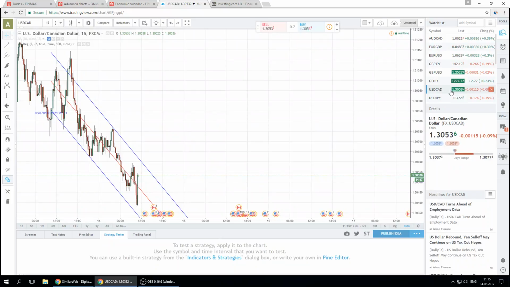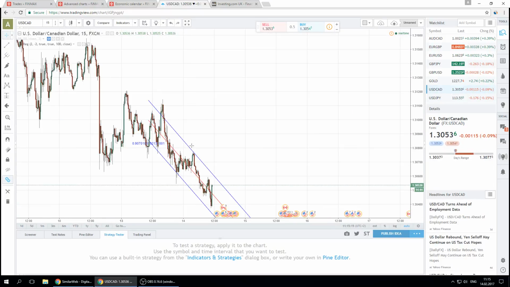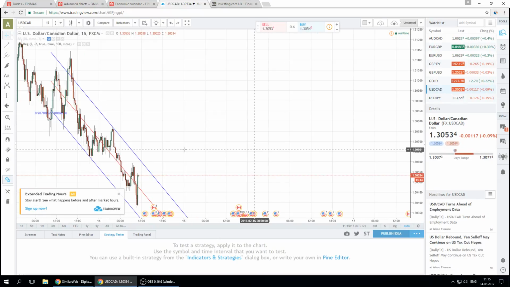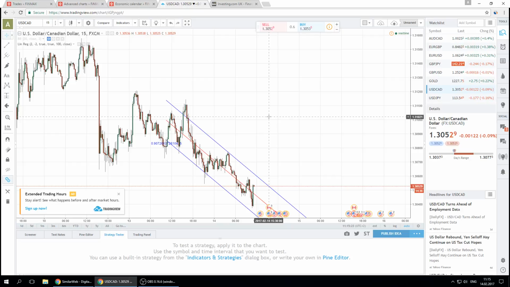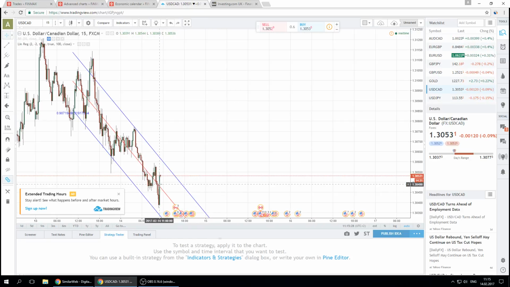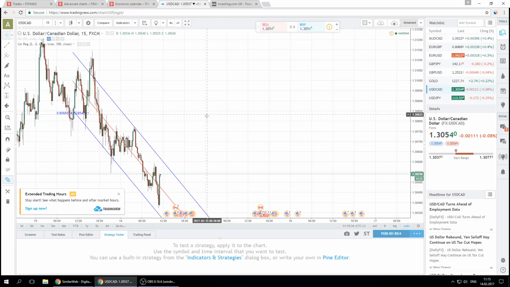USD Canadian dollar. Well, of course, in order to open a trade, you need to search for a good point to enter. If you want to trade just to trade, that won't be any good, because you need to see that the situation is suitable to open the trade. You need to see that you can make money here using this pattern.